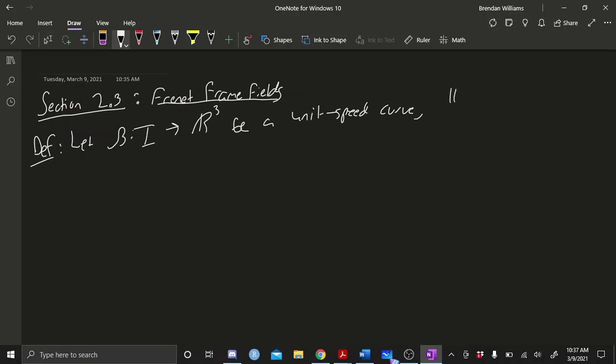In other words, this is just saying the norm of beta prime of s is equal to 1, for each s in I. Then T equals beta prime is called the unit tangent vector field on beta.